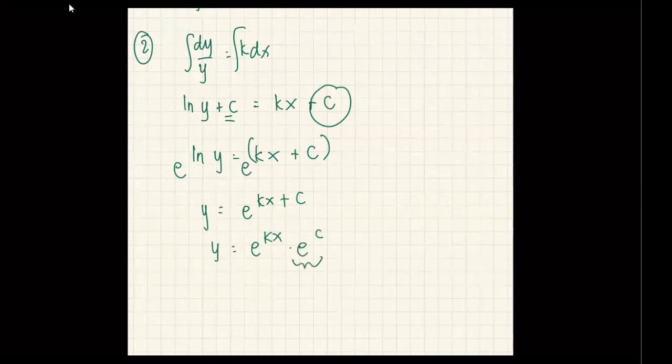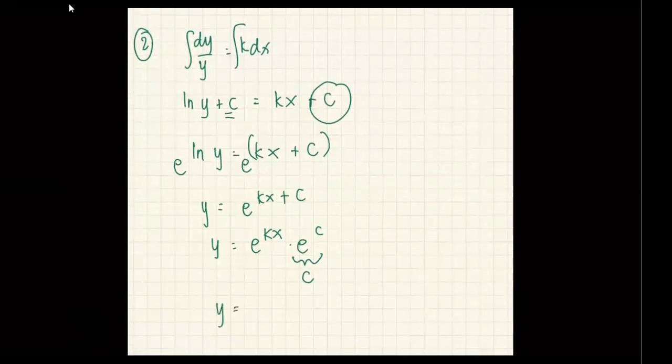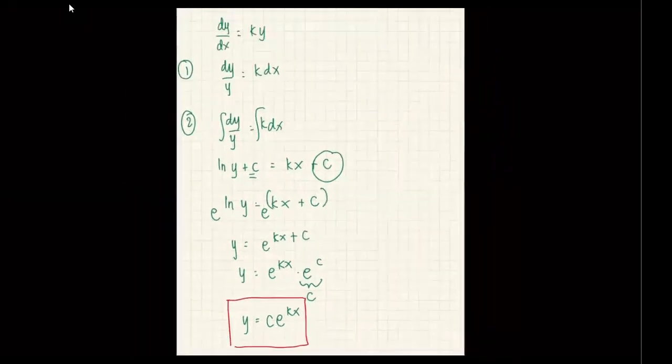Then si e raised to c ay pwede represent as c na lang din. So, y is equals to c e raised to kx. Okay? So, mas gusto ko itong isang solution ko kasi mas may value tayo ng y. So, ito na lang i-accept natin solution. Okay?